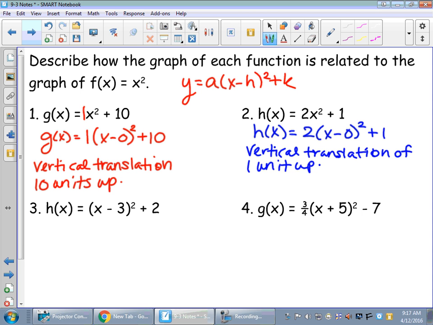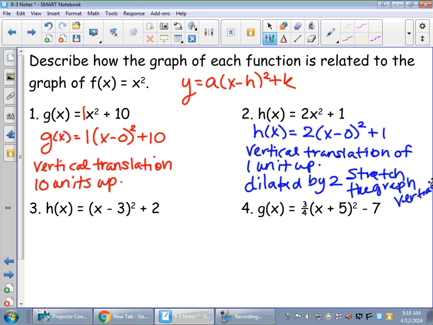And then the 2 is going to have a dilation. So it's dilated by 2, and that's going to stretch the graph vertically.